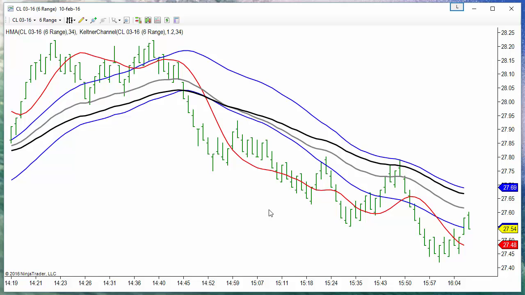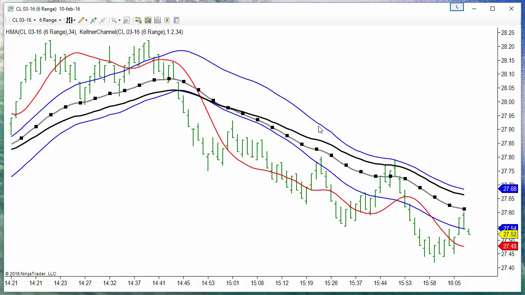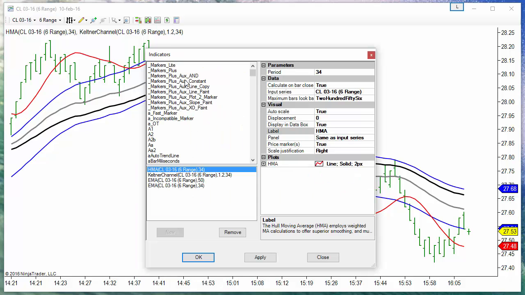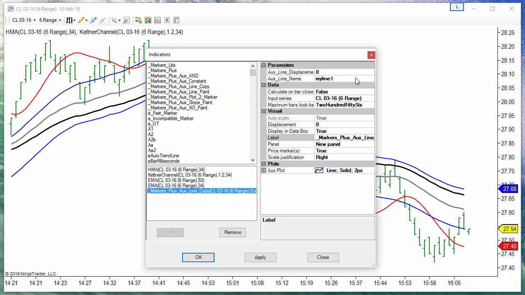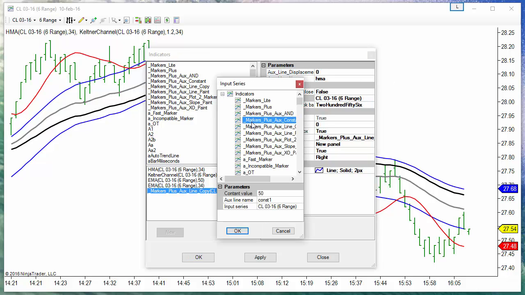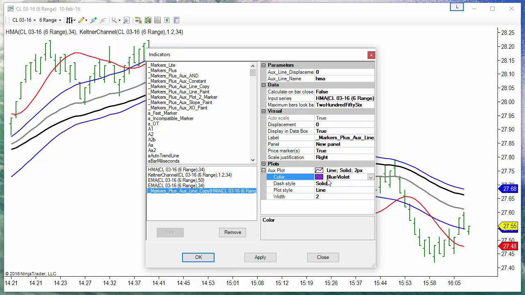How can I put all these rules using the Marker options? Well, I have two moving averages, a Keltner with two lines, and the HMA. I have to copy all these lines. The HMA is red.